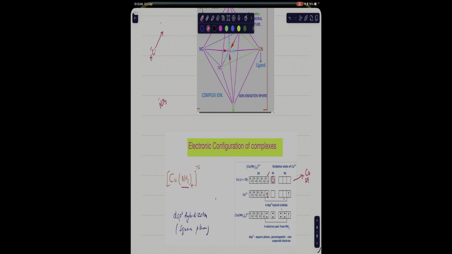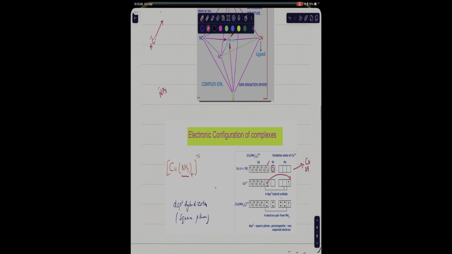But as you can see from the diagram, this electron is not drawn there. When the complex is being formed, this electron is promoted from the 3d orbital to the empty 4p orbital. Now the question arises why it's doing that. It has to do with the geometry of the complexes.